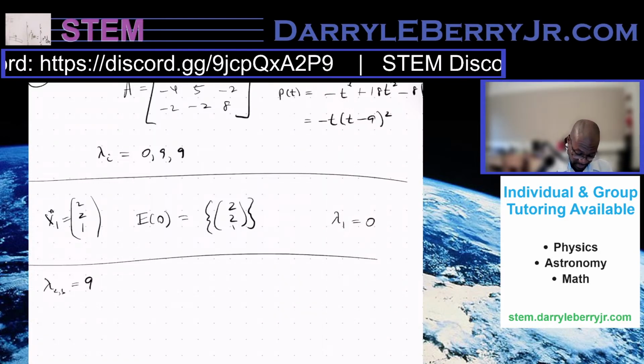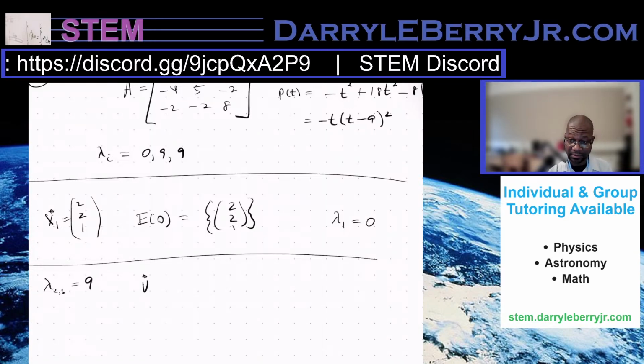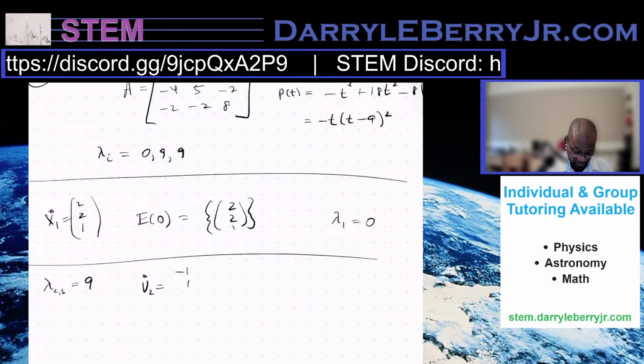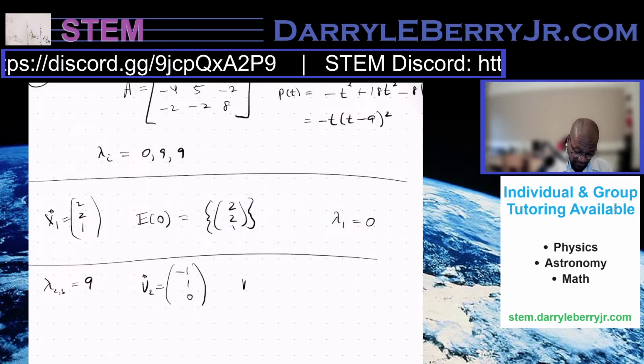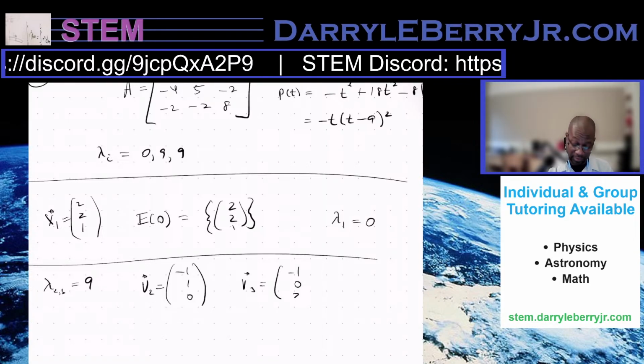But this gives the eigenvectors v2 equals -1, 1, 0, and v3 equals -1, 0, 2.